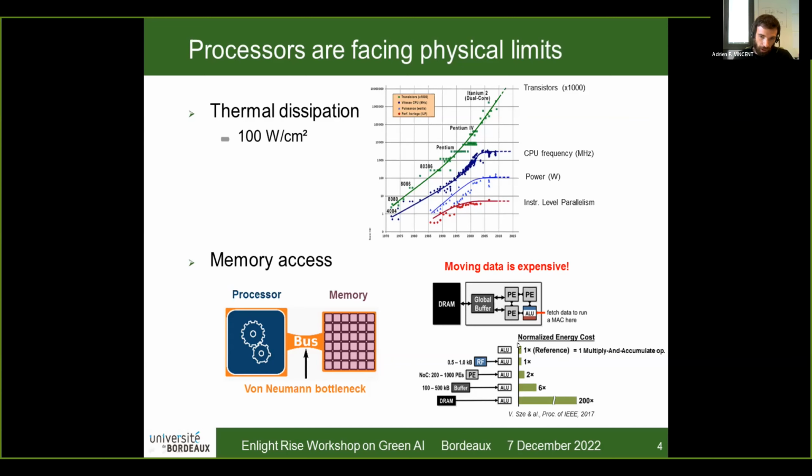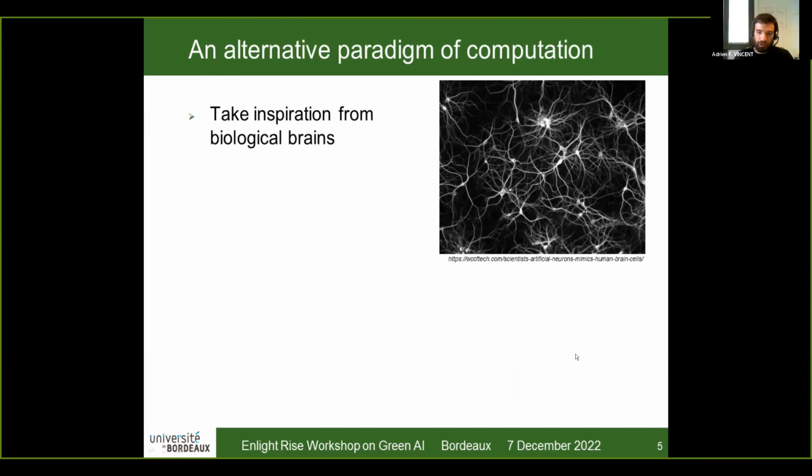And when you look at that graph, it means that you need hundreds of times more energy to fetch the data than you need to perform the actual computation. Okay, so that's a very important message here.